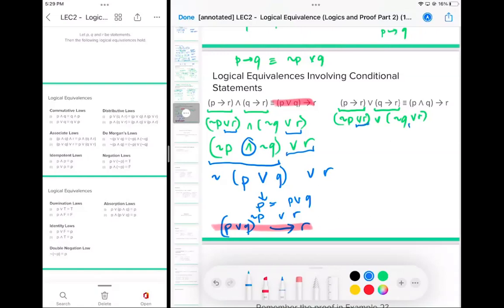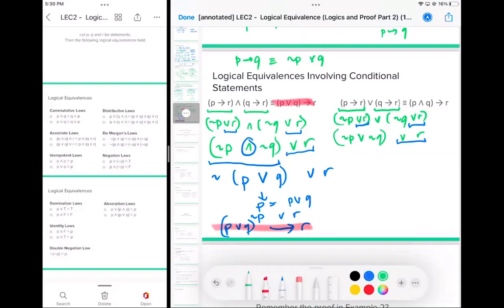We have the or R. So we can factor that out. So we have the not P or not Q or R. Okay, so we factored out the R.